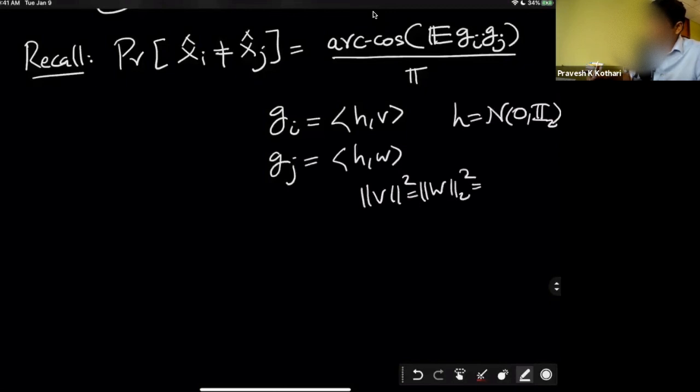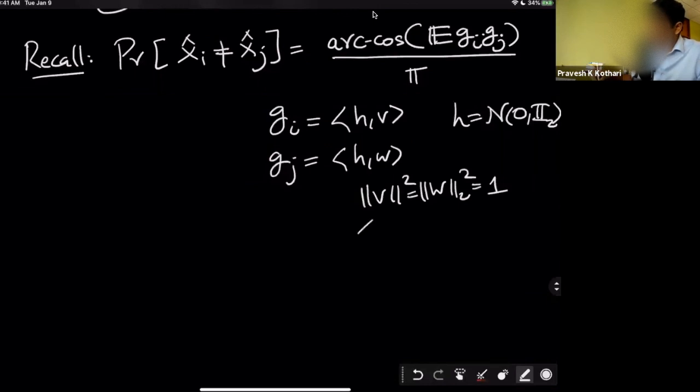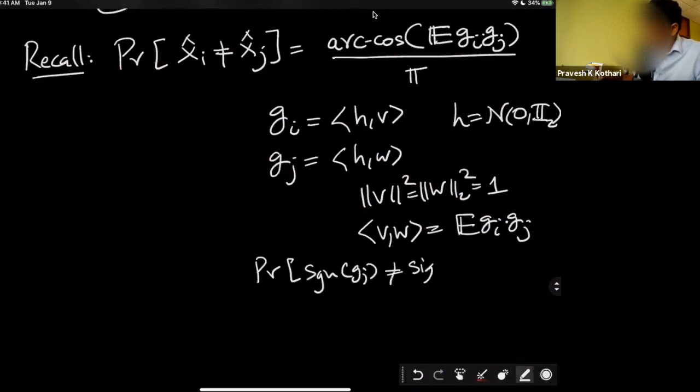This is because E g_i squared and E g_j squared have to be 1. And in order to capture that E of g_i times g_j is whatever we want it to be, we're going to set v dot w, the inner product, to be the expectation E g_i g_j. Good. So last time we discussed why this can be done. And then the way to analyze it is very simple. The probability that sign of g_i is different from sign of g_j.